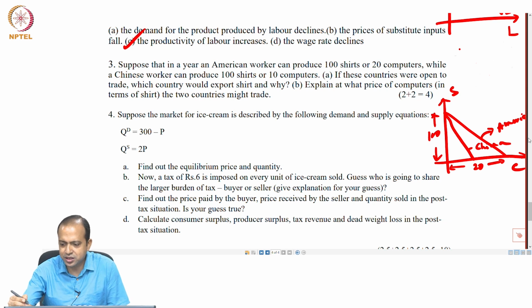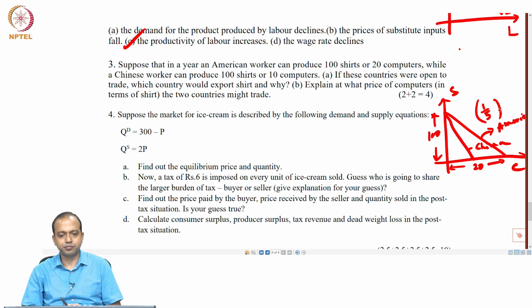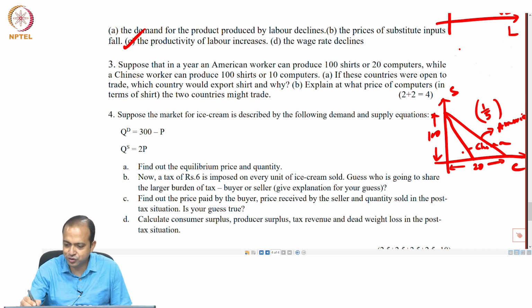So, America's opportunity cost of cert in terms of computer is 1/5, and China's opportunity cost of cert in terms of computer, how many computers are they sacrificing for 100 certs? They are sacrificing only 10 computers. So, this is 1 by 10.